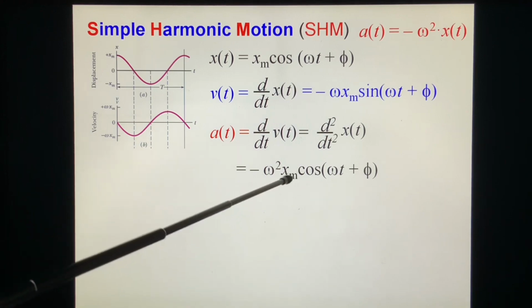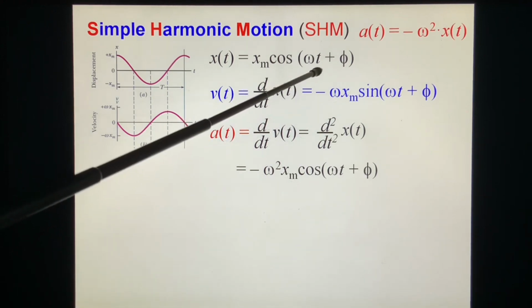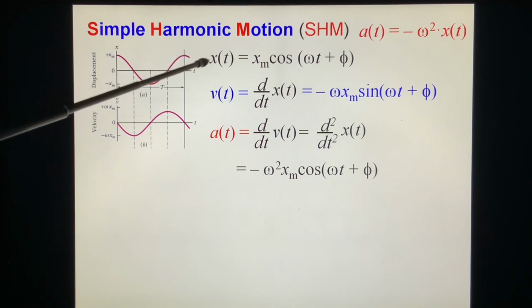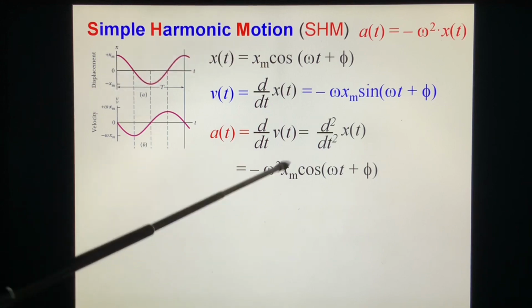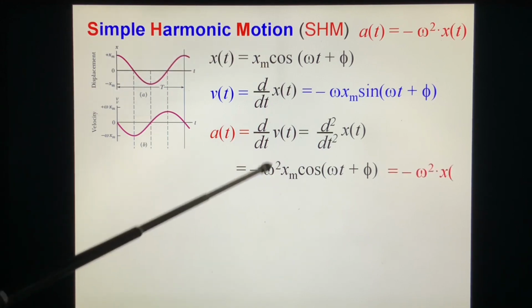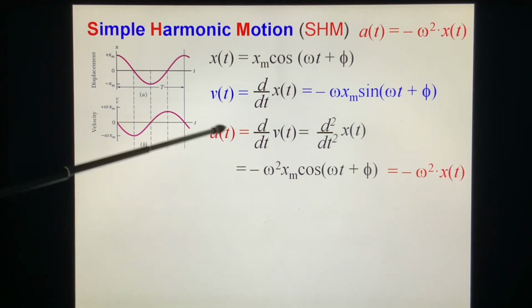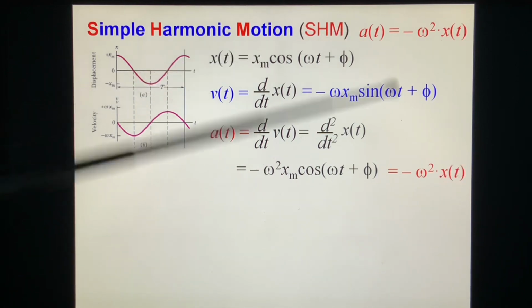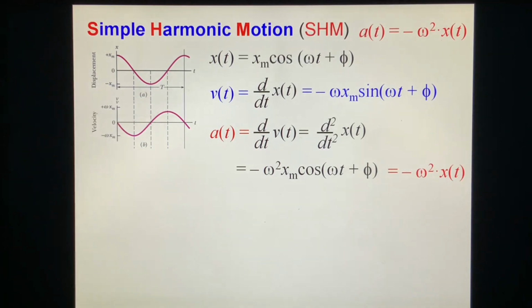And look, x_m cosine(omega t plus phi) is exactly x at time t. So we put this here: a equals minus omega squared x. This is a characteristic of simple harmonic motion.